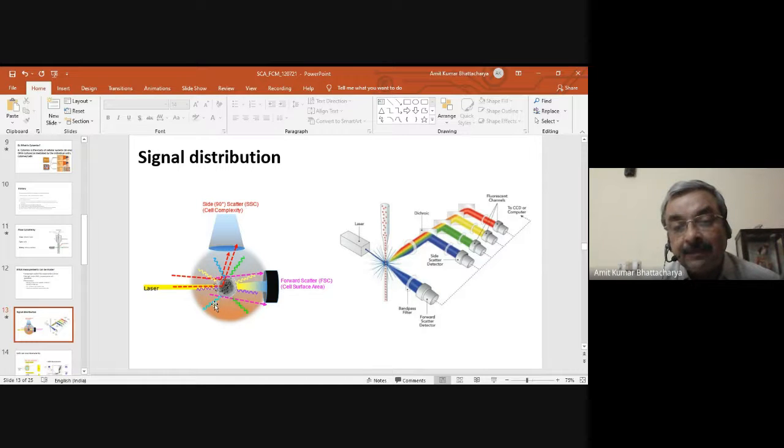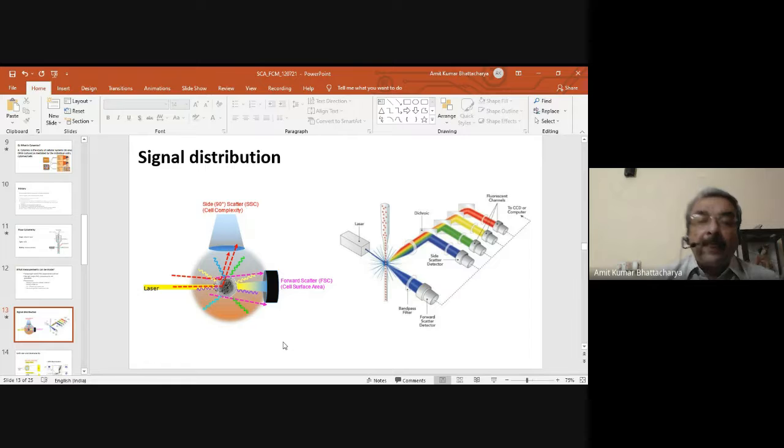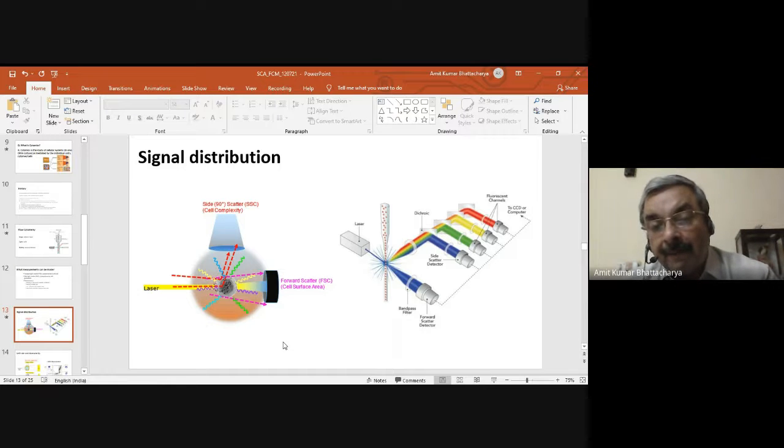And then the cell has been labeled with fluorescent dyes. Let's say you're looking at 5 different proteins for which you have fluorescent antibodies binding to these 5 proteins, and 5 different colors are emitted and picked up. So you pick up a part of the light which is scattered because each cell has a particular size, and that's called forward scatter.